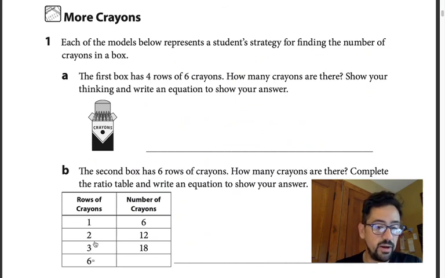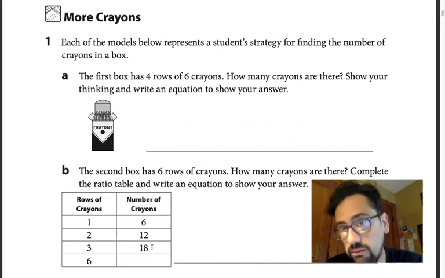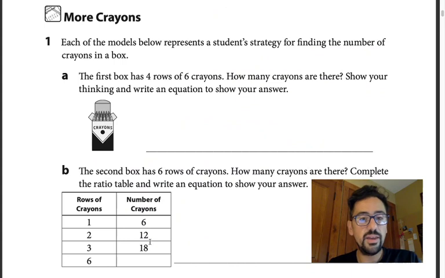You can think about it, okay, 6 times 3 equals 18. Or you can also see that if I know how many crayons are in 2 rows and how many I have in 1 row, if I combine them together, 2 plus 1 equals 3. So 12 plus 6 will be 18. Okay, so that is super cool.